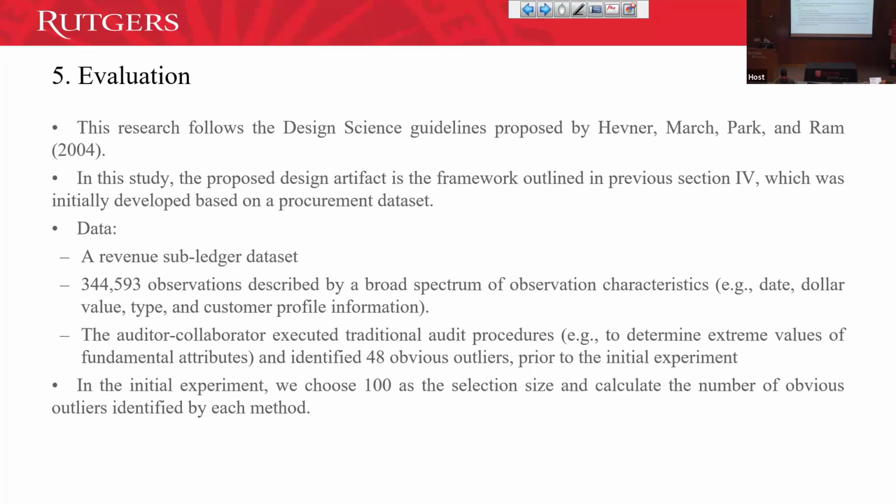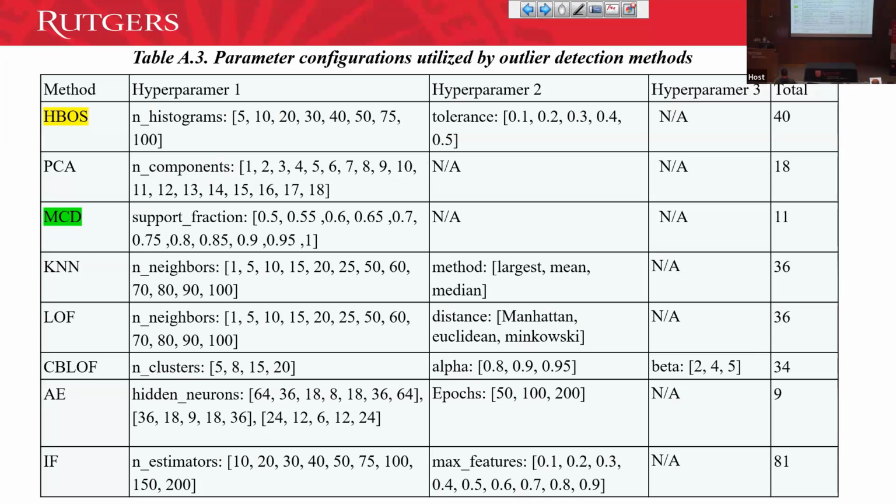Finally, according to the feedback of our auditor collaborators, the evaluation result is really favorable, and we really discover several outliers potentially ignored by the auditors. This slide shows the algorithms we use in this project and the combination of parameter settings.